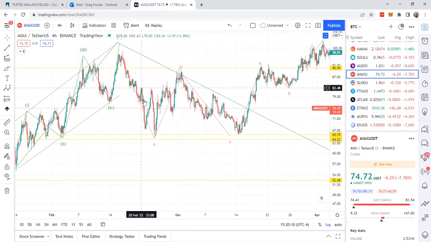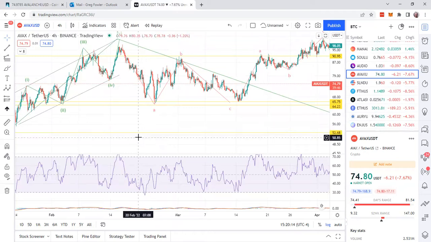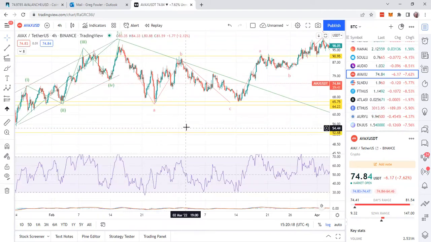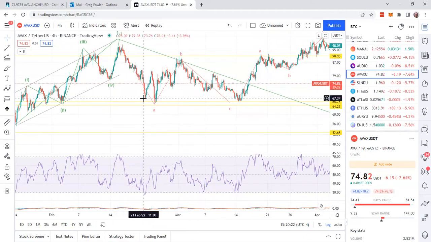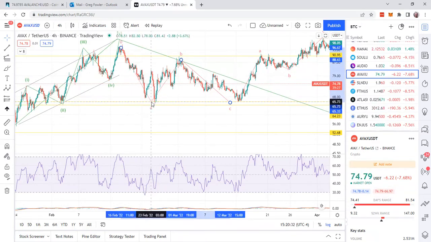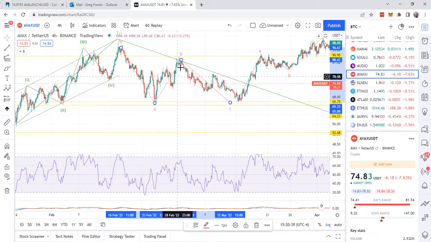So it did a 5-wave move here. Let me look closer at that. You know what? 1, 2, 3, 4, 5, extended 5th up for a 3. No, that's the 3rd, that's the 5th, up for a 3.